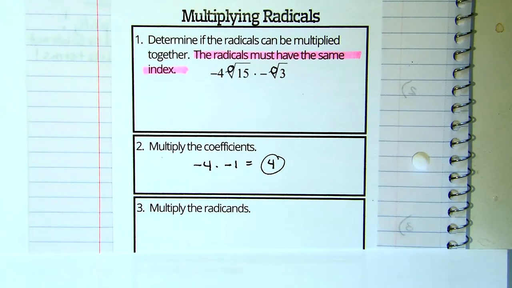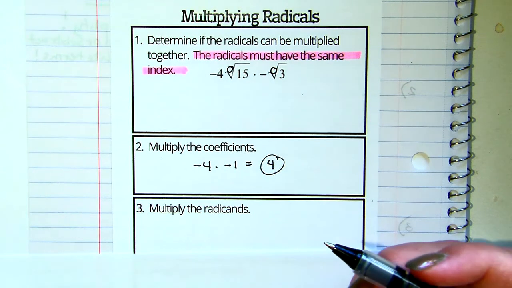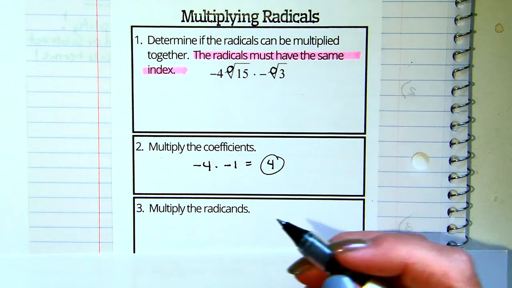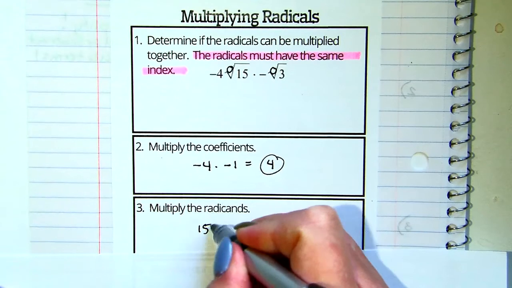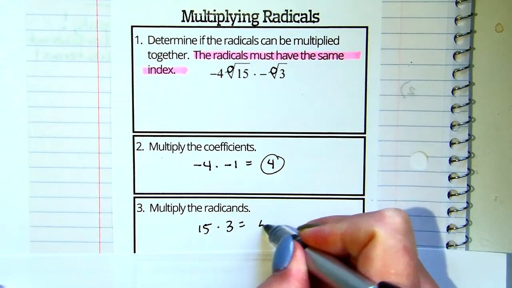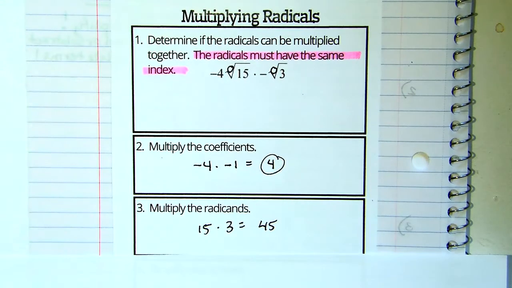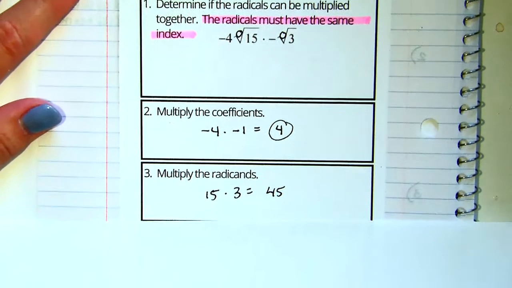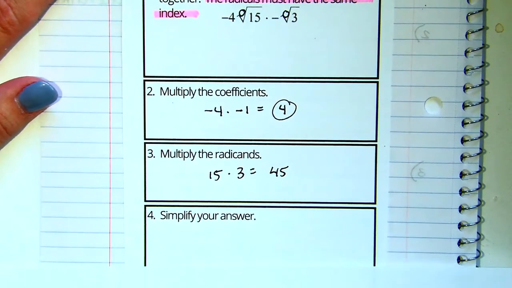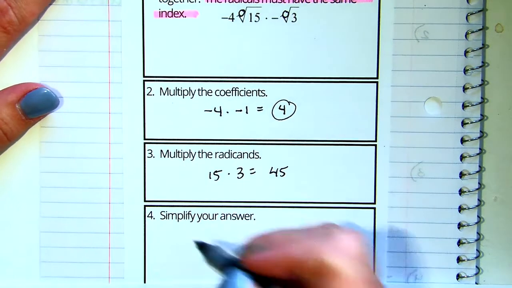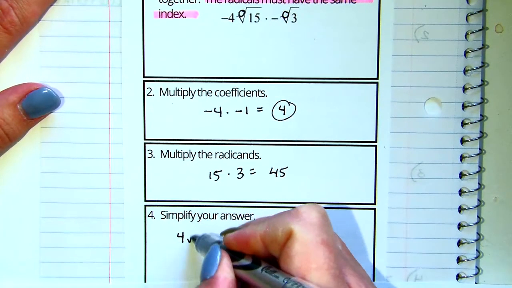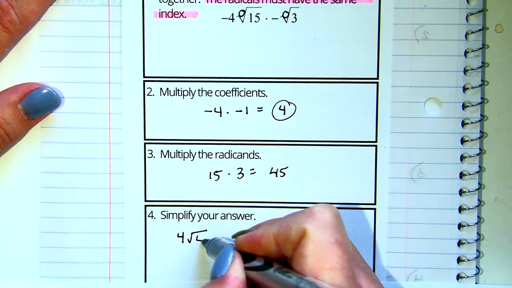Those are the numbers inside of the radical. Now that happens to be 15 and 3. So I'm going to go 15 times 3, and that's going to give me 45. So what I now have to put together is a radical of 4 root 45.